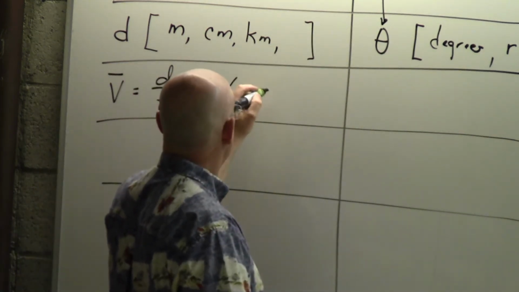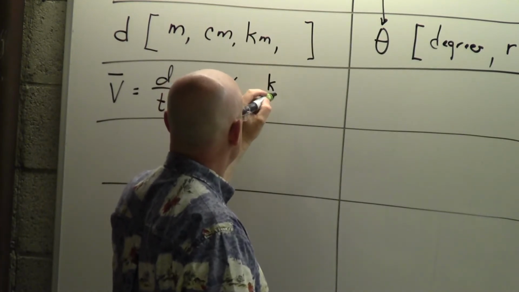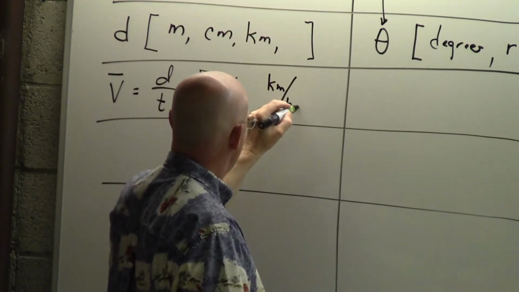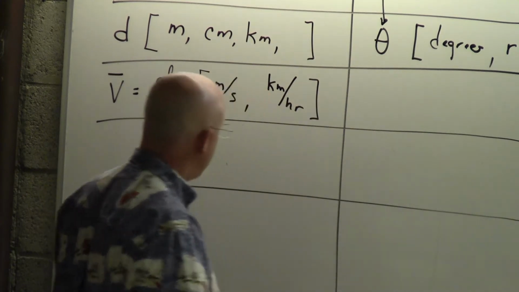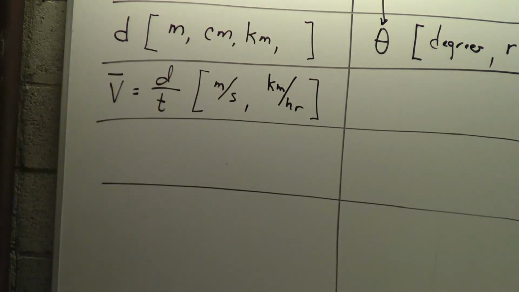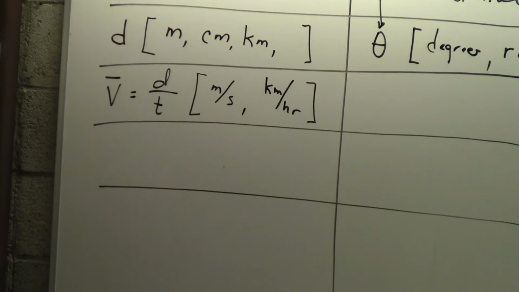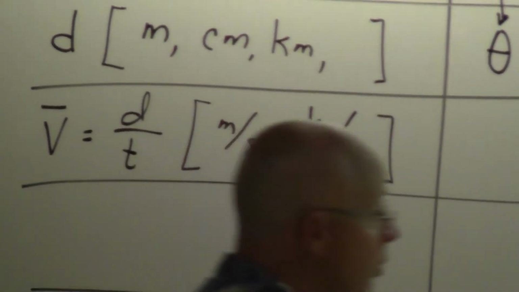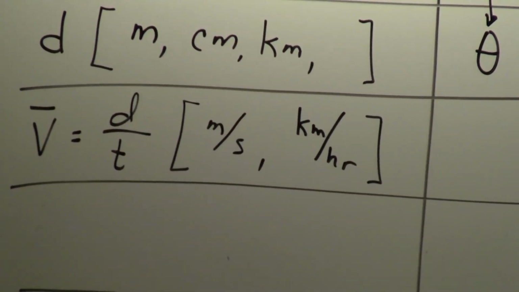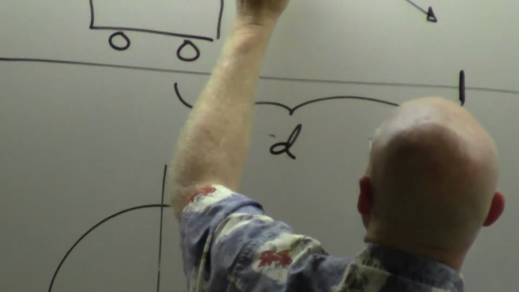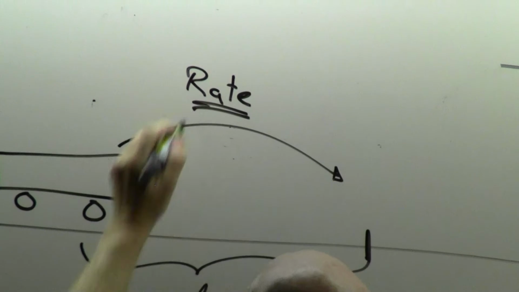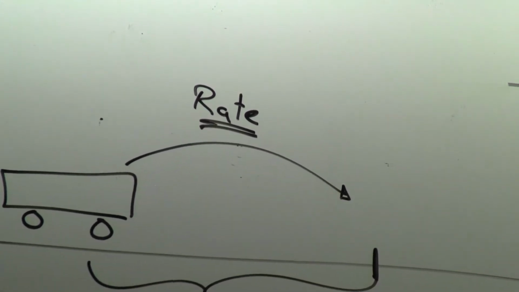We could have done kilometers per hour. And I could keep going here. But if you think about what we were doing in chapter 2, we were saying, at what rate does it move? And so we took the distance and divided it by time.